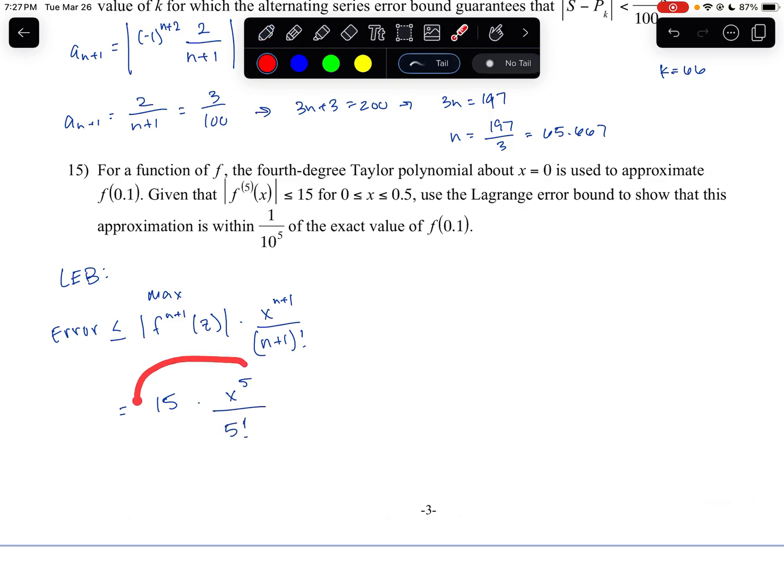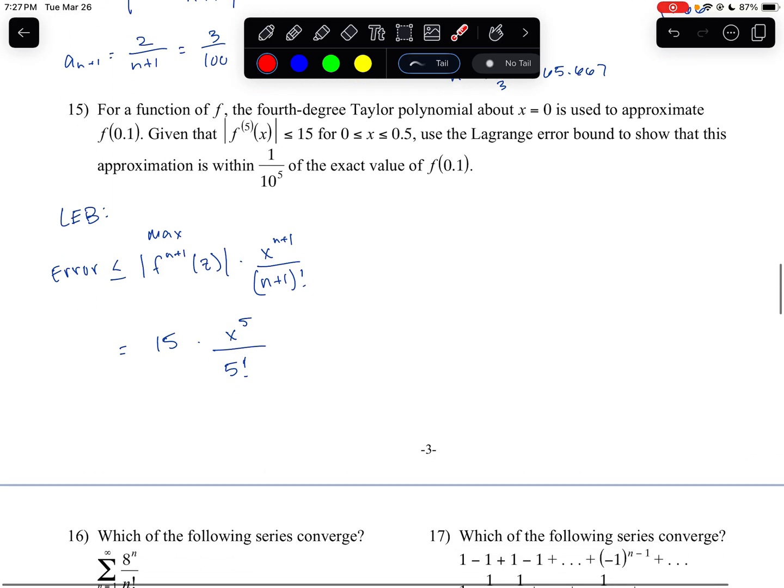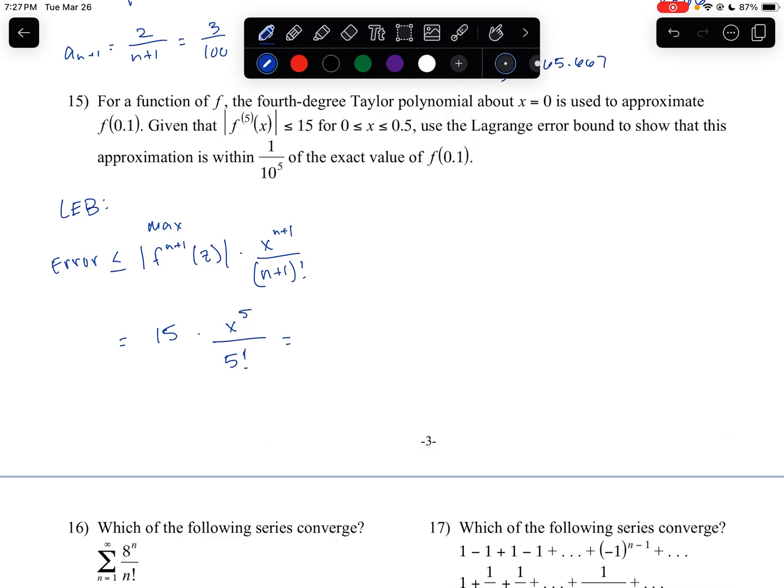So this right here is the most my fifth term is going to be, and my error has to be less than that. Okay? And we're approximating 0.1, which is the same thing as 1/10, so I'm going to plug that into my error formula. So 1/10 or 0.1 to the fifth over 5 factorial.